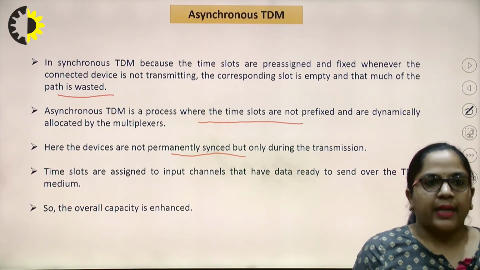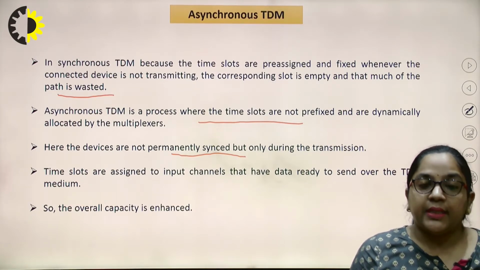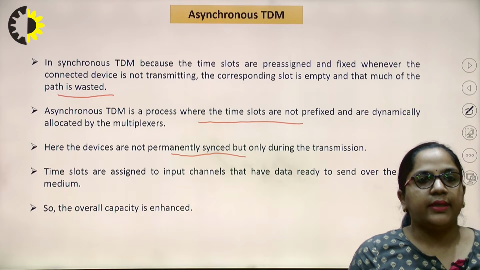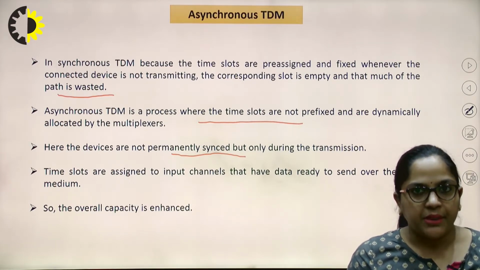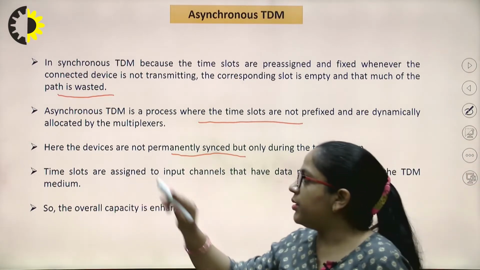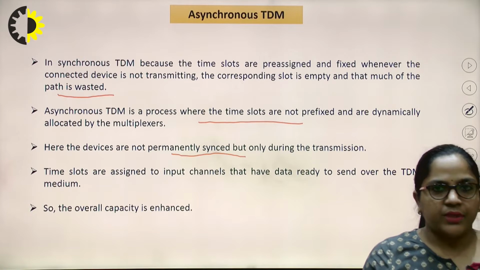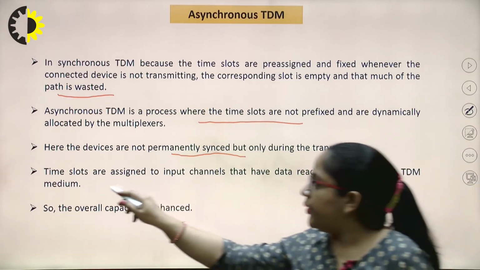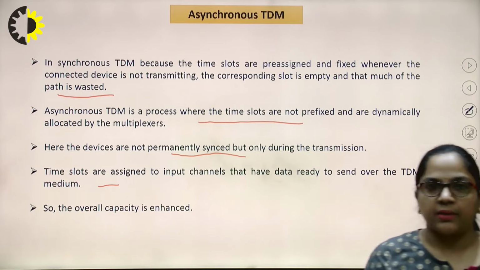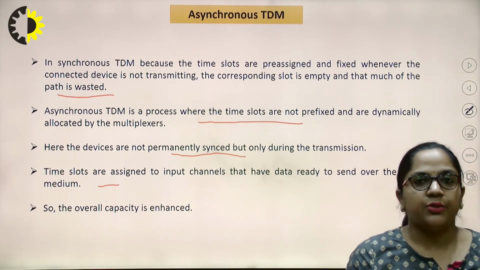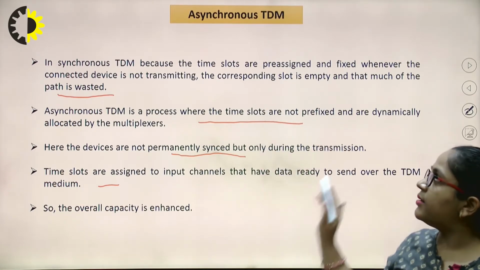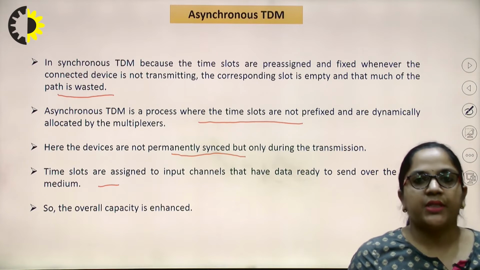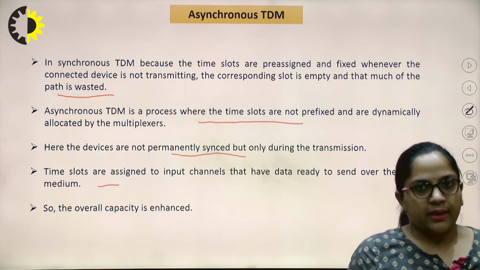Time slots are assigned to input channels that have data ready to send over the medium. Only those users who have something to transmit will get the time slots. So it will reduce the wastage of the path when the user doesn't have anything to transmit, and the overall capacity of the system will be enhanced.